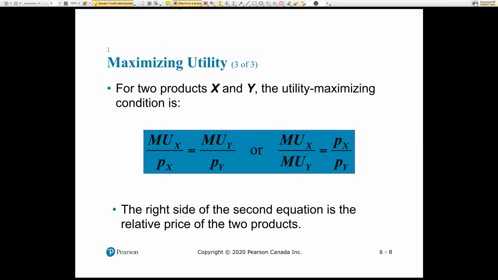So imagine the following. So I can go on and spend my extra dollars on burritos or drinks. What's the marginal utility that an extra dollar gives me if I spend it on burritos?